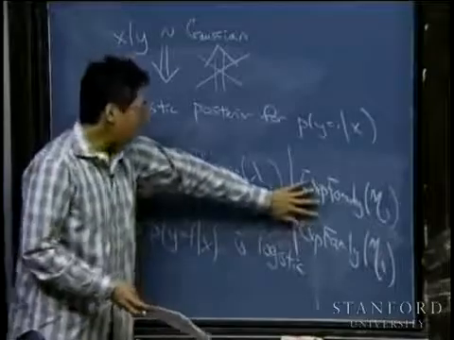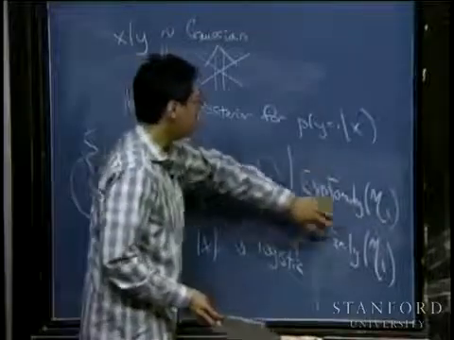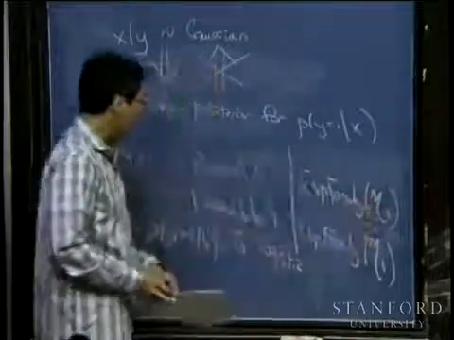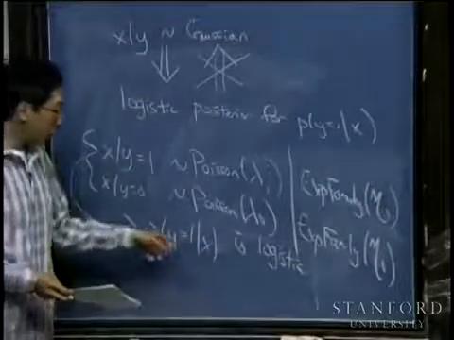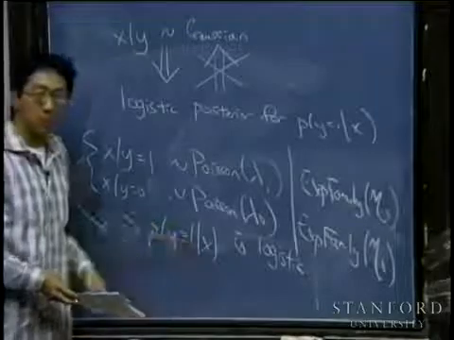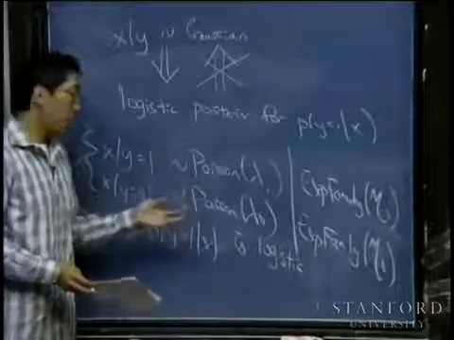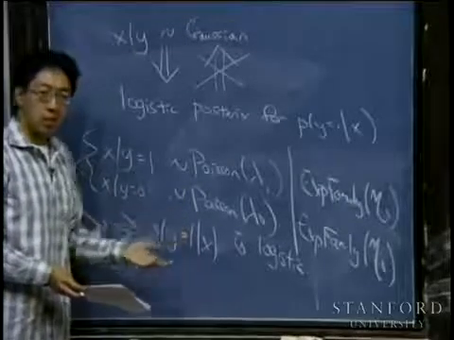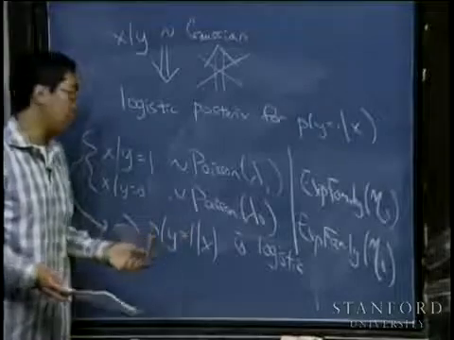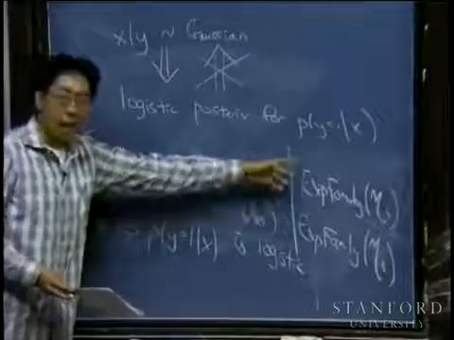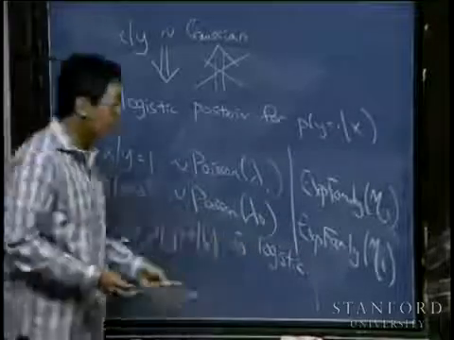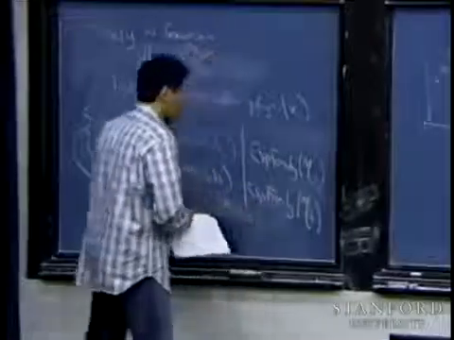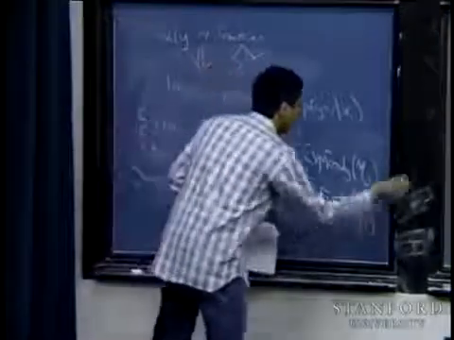So long as it's the same exponential family distribution for the two classes with different natural parameters, then the posterior p of y equals 1 given x will be logistic. This shows the robustness of logistic regression to the choice of modeling assumptions, because the data could actually be gamma distributed, and this still turns out to be logistic.